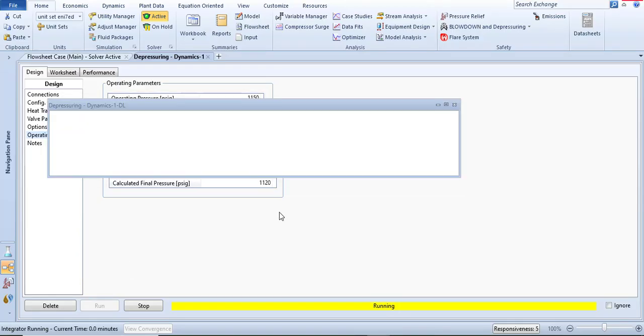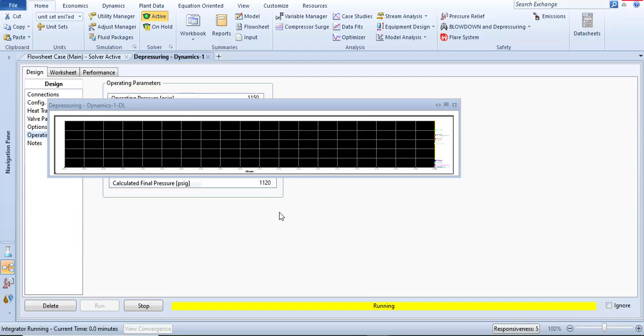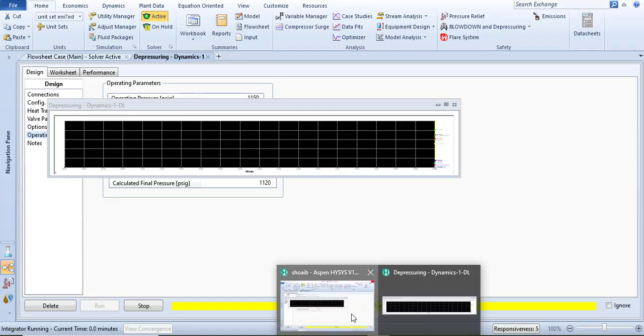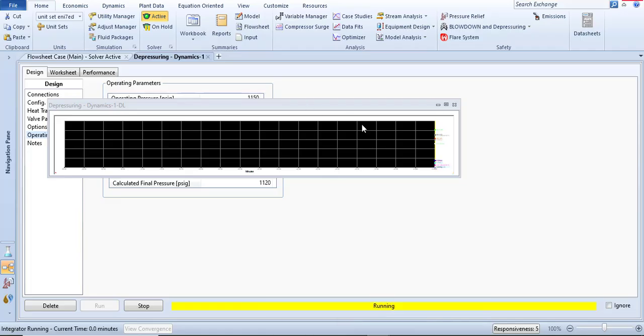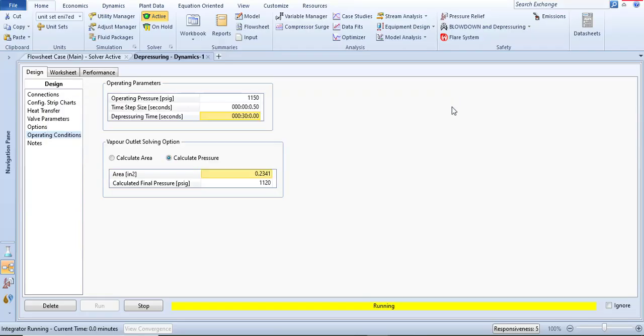The software has given some errors. I'm not going into detail on how the depressuring utility actually works, but the intent of this video is to show the relation of the heat transfer module. Selecting the correct heat transfer module is what will give you the wall temperature.